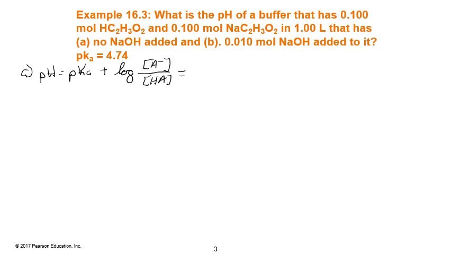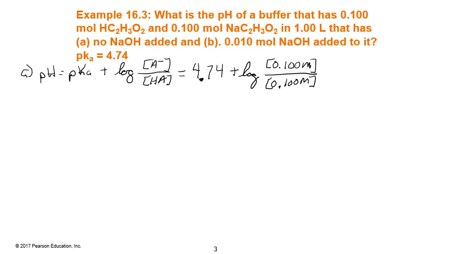We know the pKa of acetic acid is 4.74, plus the log of 0.1 molar divided by 0.1 molar.